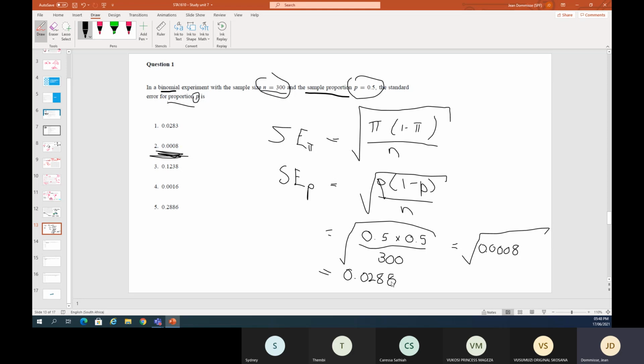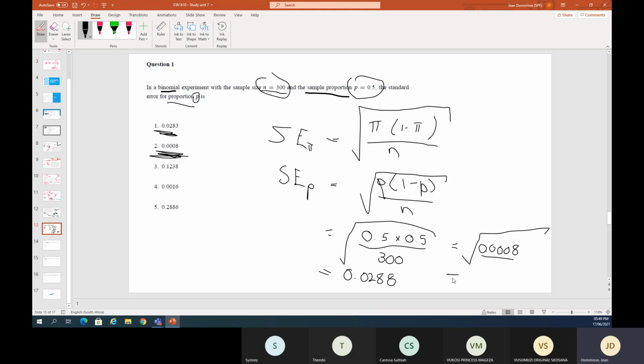It will be interesting if I say 0.0008, even if I square root that, it does give me that. So if you take the 0.0008 and square root that, on your calculator you actually needed to retype it, then you only get this one.